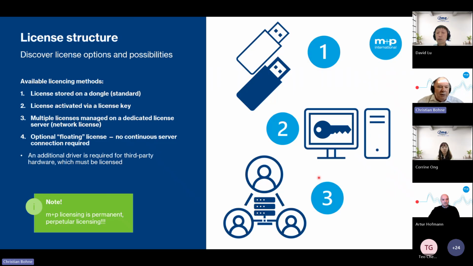So for universities, so if you have several applications in a mechanical university department, so many students work with the software, so we can go with this network-based license. So it's floating or it's also detachable. Very important, M&P licensing is permanent. It's perpetual licensing. So once you have it, you keep it for lifetime.